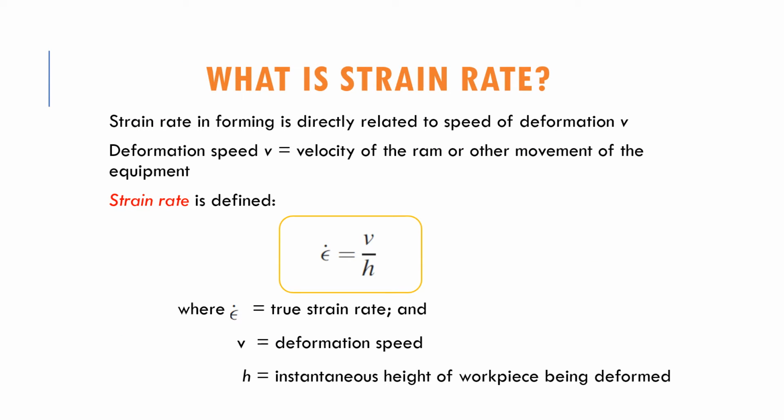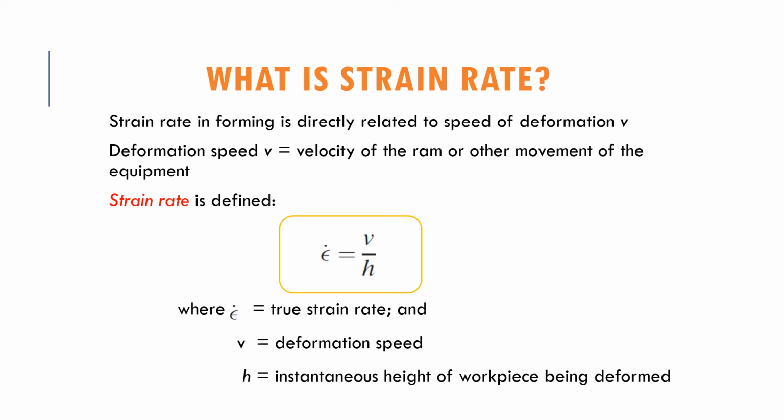Strain rate in forming is directly related to the speed of deformation v, and the deformation speed v is usually the velocity of the ram. The strain rate is calculated by using v over h, where h is the instantaneous height of the workpiece being deformed at a certain condition.